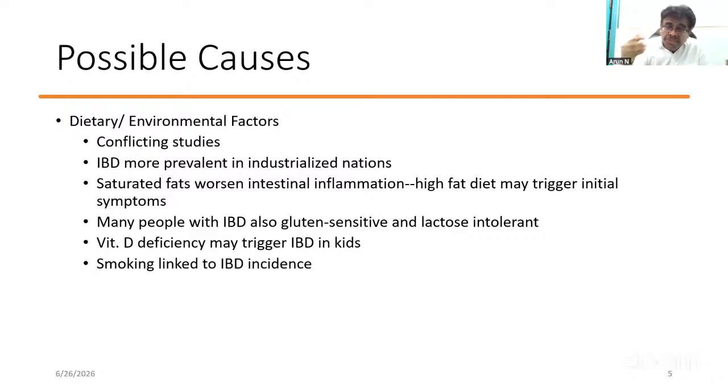The parents didn't notice it significantly, and she was treated as piles by a physician elsewhere. So what happened to the girl? She landed up with severe anemia, with hemoglobin almost less than 5, and she landed up with us.